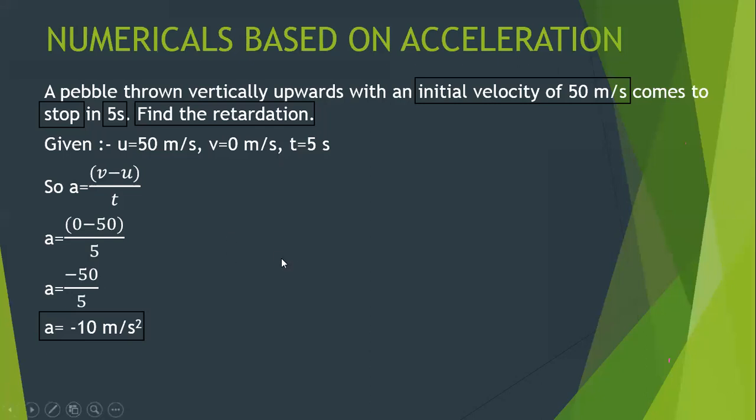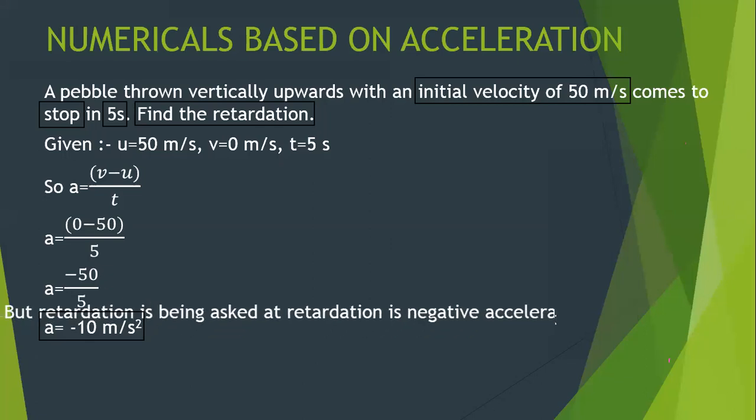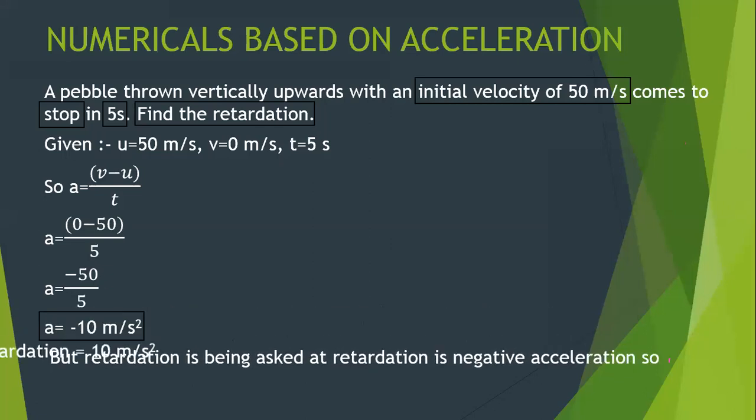So you have to understand that the minus sign in acceleration is a proof that it is retarding. So what will you write? You will write that the retardation is 10 meter per second square. If you write the answer as minus 10, your answer is incorrect because retardation itself means negative acceleration. The moment you are saying retardation, you are already mentioning that negative sign.